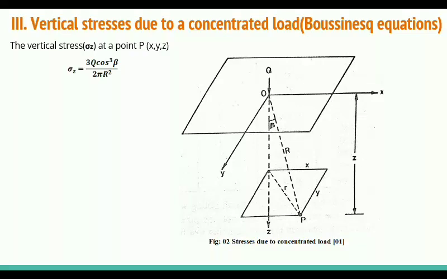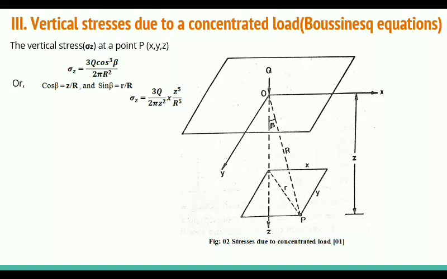By using the Boussinesq equation, we can write 3Q cos^5 beta divided by 2 pi R squared, where Q is the applied concentrated load and beta is the angle between the capital R and the vertical distance z. So cos beta is equal to z by R, or sin beta is small r divided by R. By using this relation, we can write sigma z, that is the vertical stress at the point P.